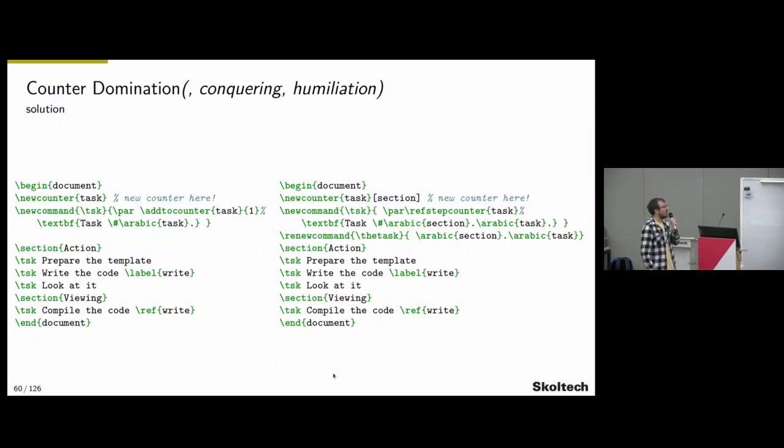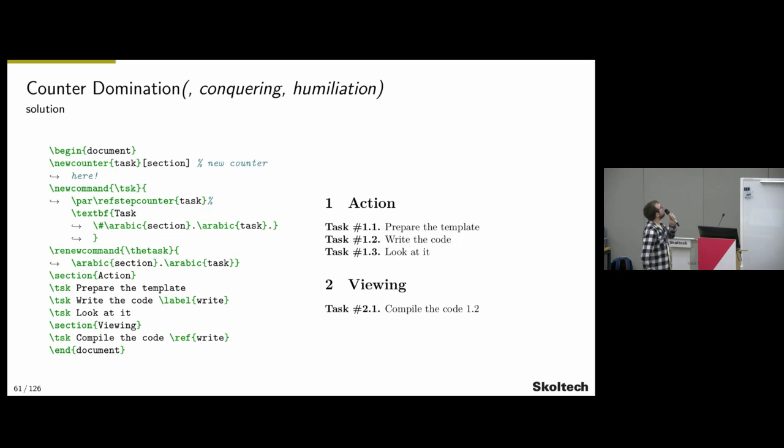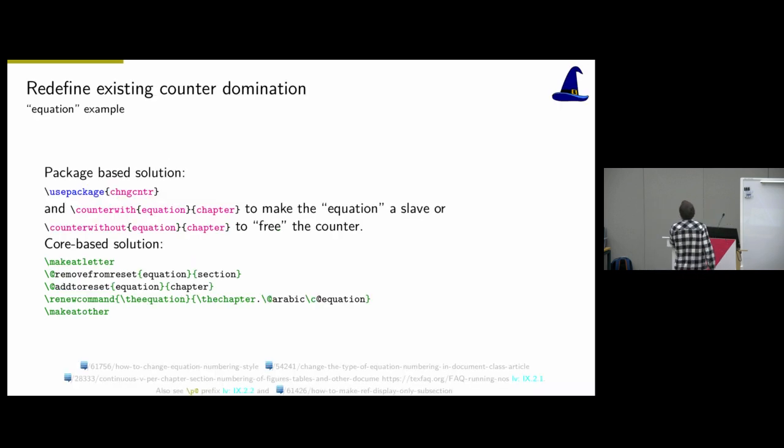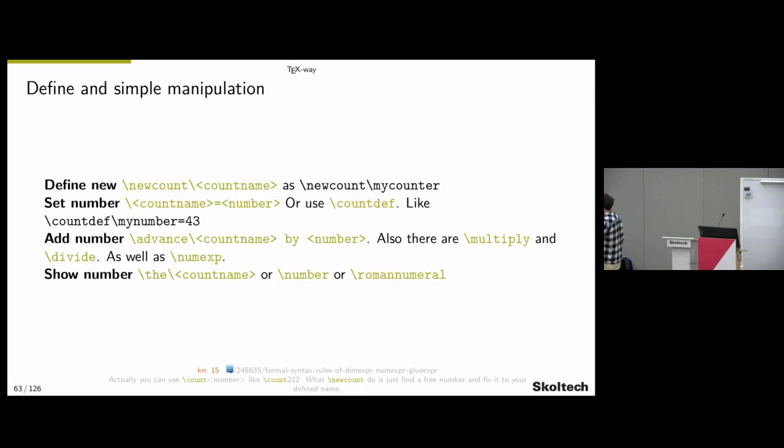I'll fix the problems later. Okay, we have something like this, and now we have what we want, nicely done counters. Also, you can count something existing, but it's much harder.